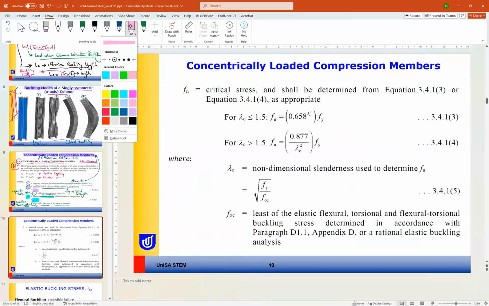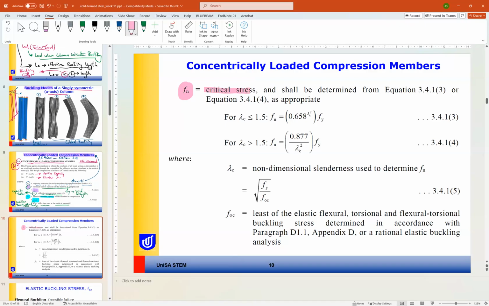Fn is the critical stress and shall be determined from equation 3.3 or 4 as appropriate according to what? Lambda C. So actually we have two cases for Fn according to the factor lambda.